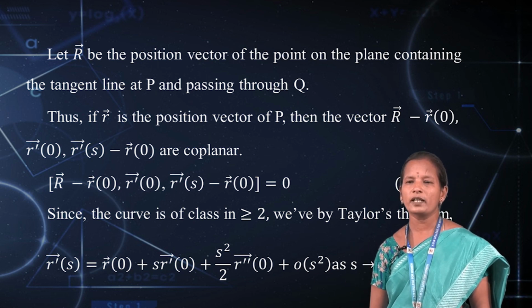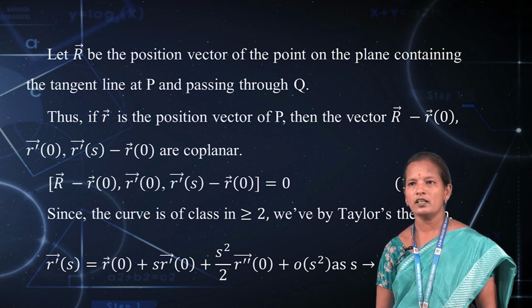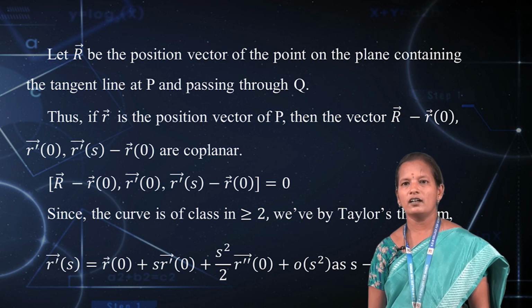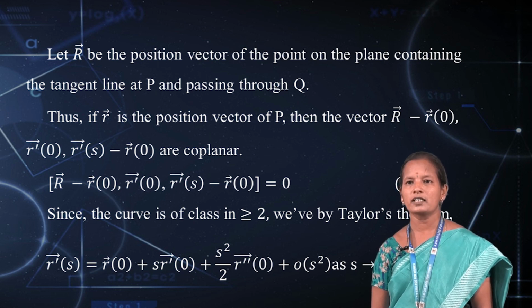What is the condition for coplanar? If A vector, B vector, C vector are coplanar, then the condition is that the box value of A, B, C is equal to 0.